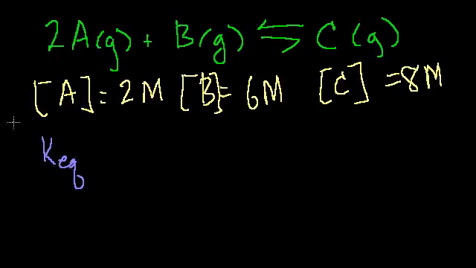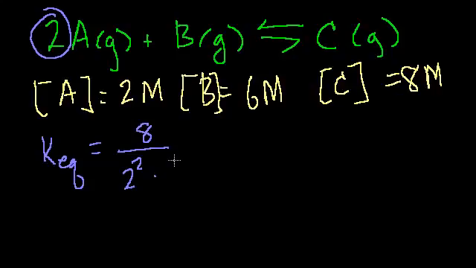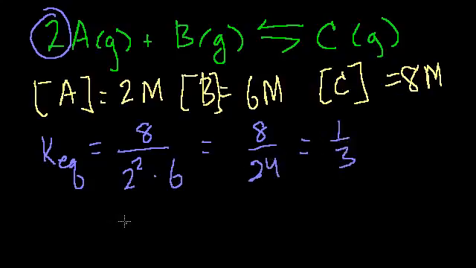The equilibrium constant is the concentration of C, that's 8 molar, divided by 2 molar squared, because of this 2, squared, times 6, which is equal to 8 over 4 times 6, which is 8 over 24, which is equal to 1/3.